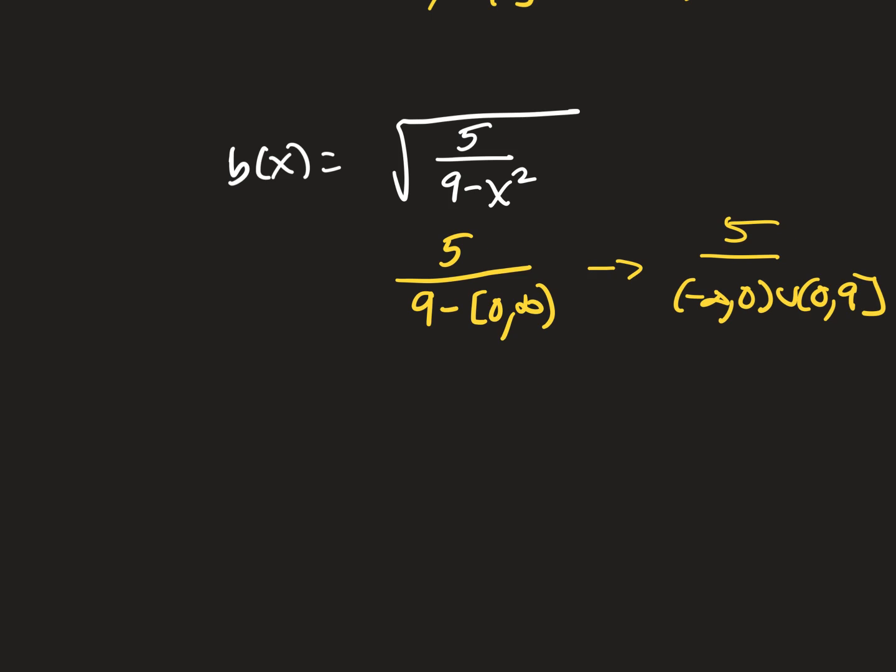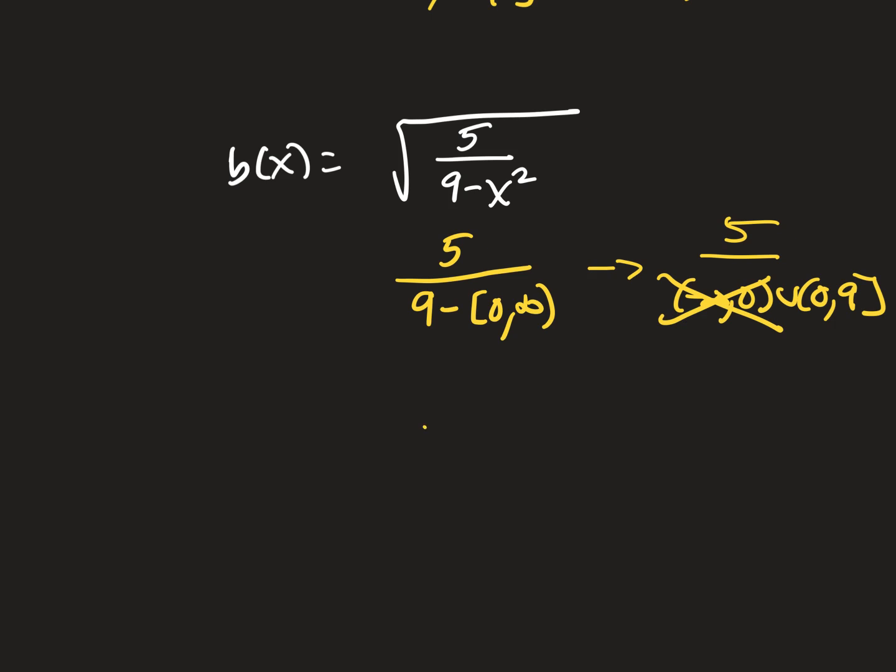But remember, we're inside a square root, and we found the domain such that it was only going to be evaluating positives for 5 over 9 minus x squared. Therefore, I can't get negatives, because 5 over a negative will produce a negative, which is problematic.